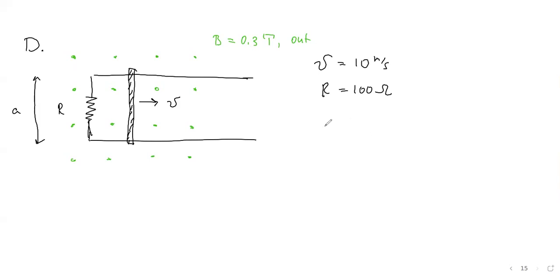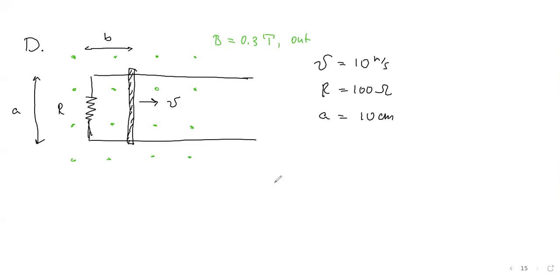Parameter A, I'll tell you that parameter A shouldn't matter, or it should. Okay, maybe it should. 10 centimeters. The parameter B is the distance between the resistance and the bar. It's pointless to give you this parameter B because it's changing. Yeah.